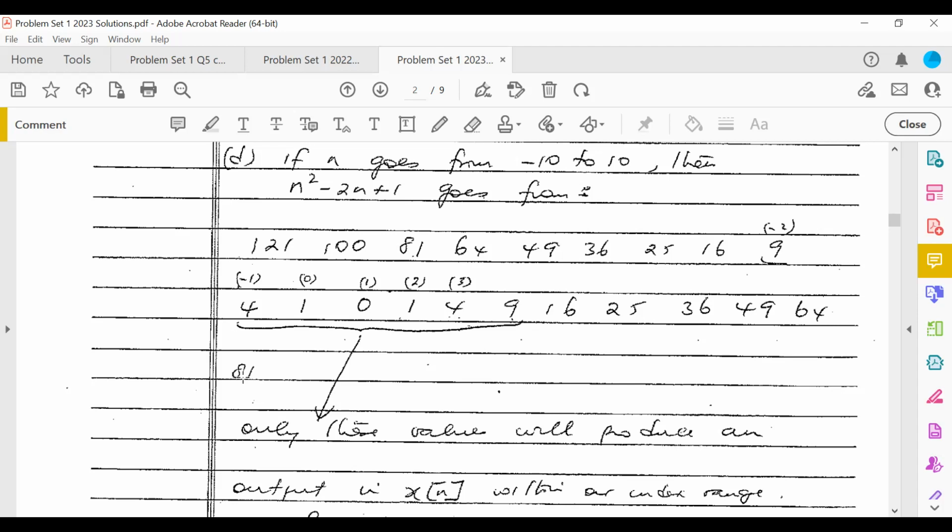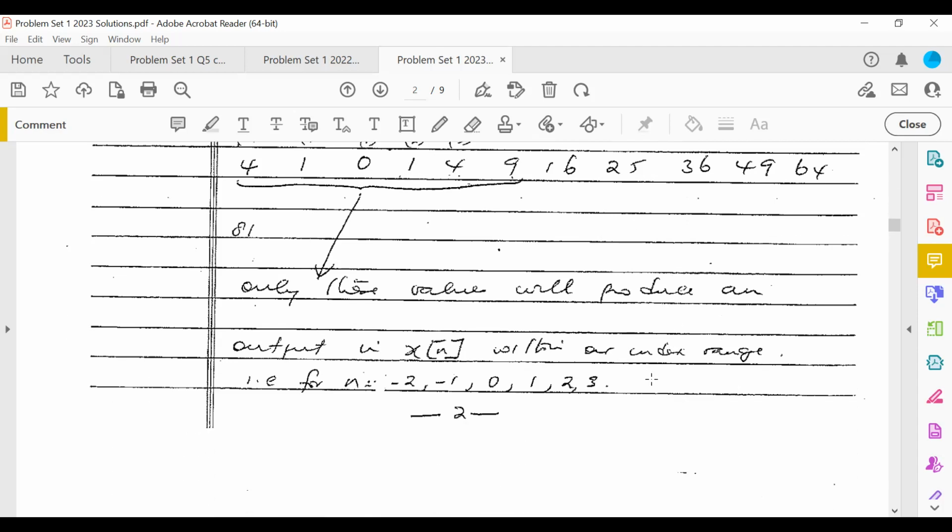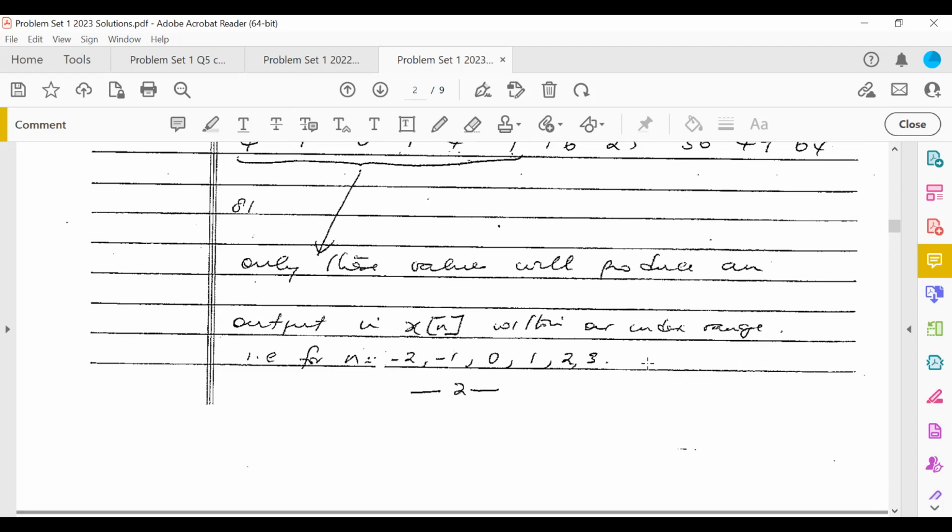But the only index values that have any answers are those that are actually going to be between minus 10 and 10, which is here, right? So x9, 4, 1, 0, 1, 4, and 9. Right? And you go back into your original samples and pick out the values of xn according to those index values.